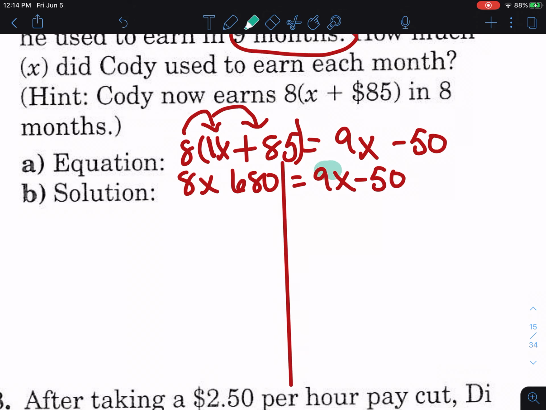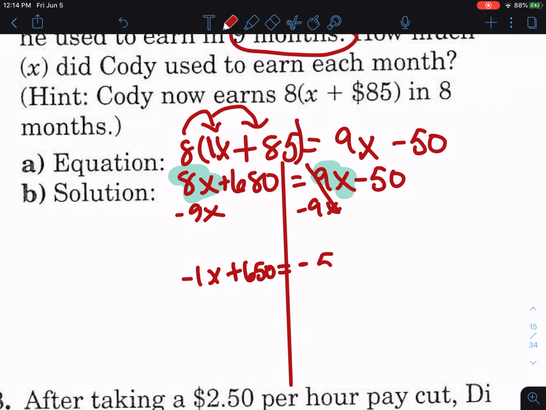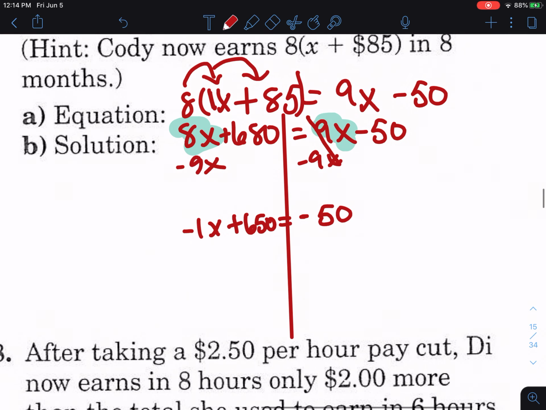We see we have X's on both sides of the barrier wall, and we have to move X's, so I'm going to move that 9X. I'm going to subtract it. Right, they cancel out. Left I have negative 1X plus 650 equals negative 50. Okay, so now I know I have to subtract 650 from both sides.